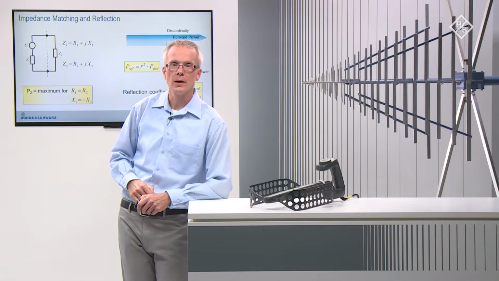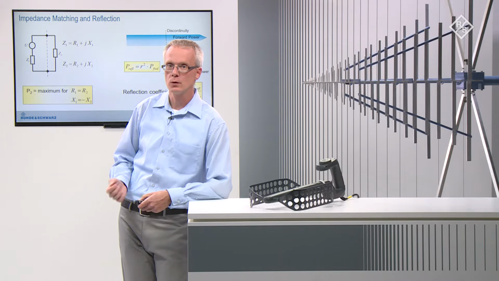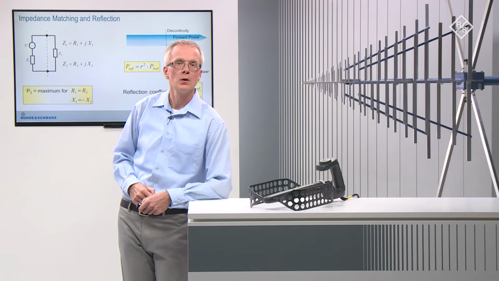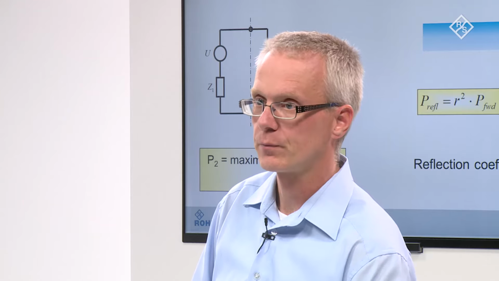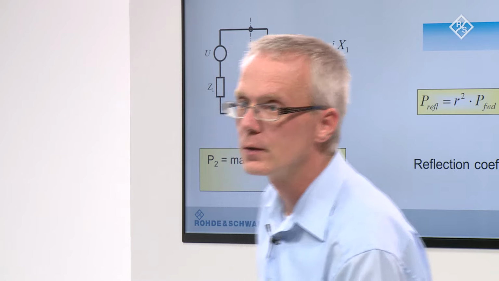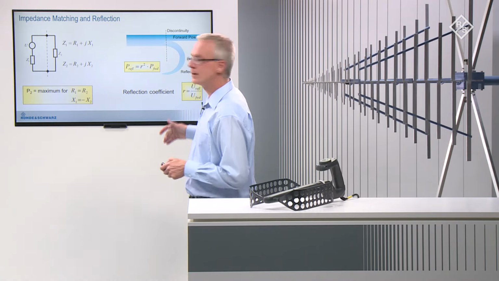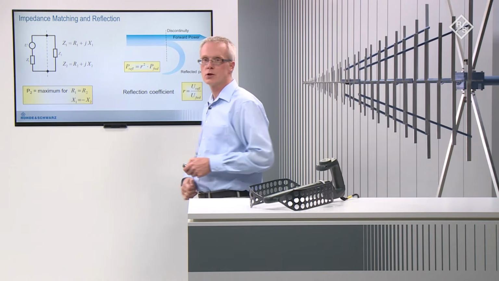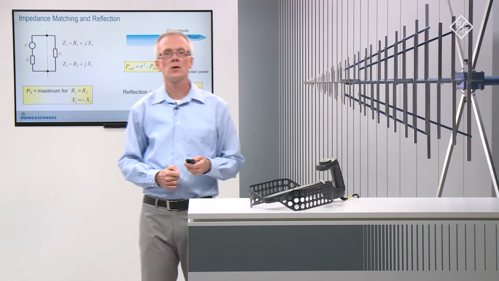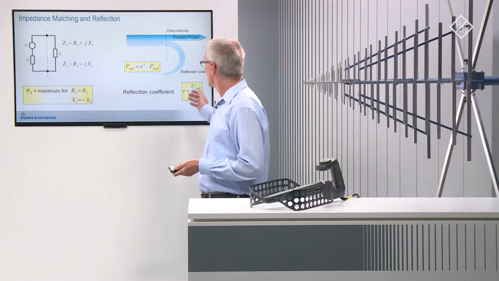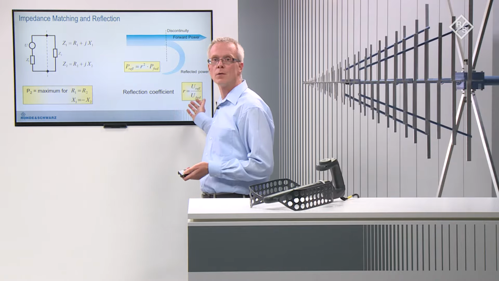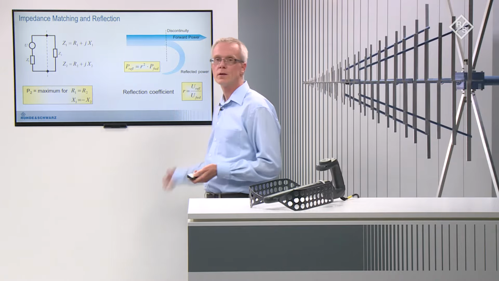However, the same will happen with the received power from the antenna that does not fully reach the receiver due to mismatch caused by the same discontinuity. Reflected and forward power are related via the reflection coefficient. This coefficient can also be expressed as a ratio of the amplitudes of the reflected and incident or forward wave.